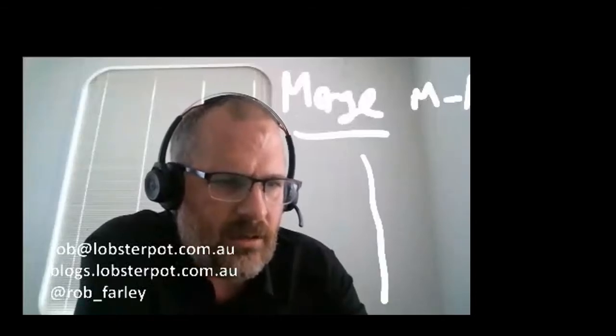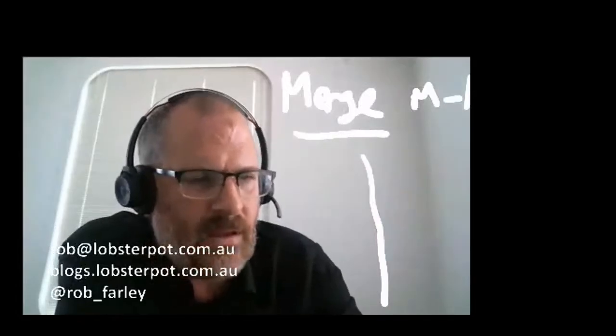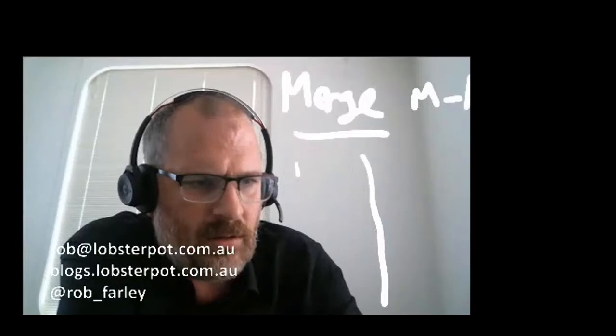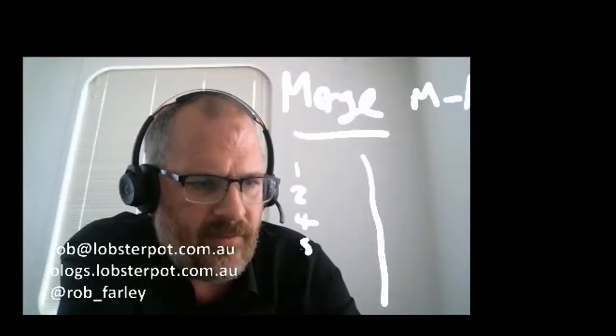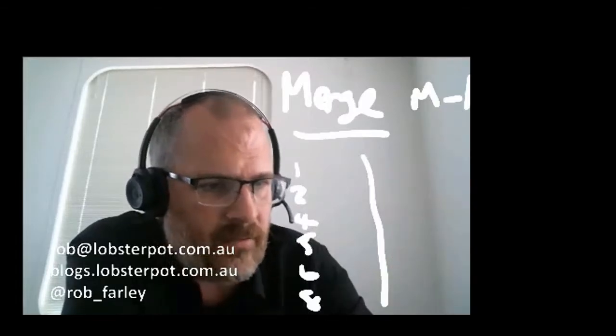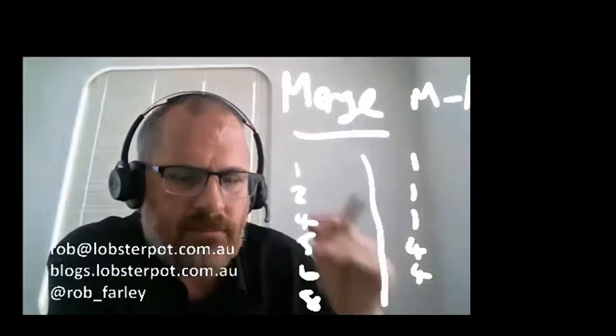We've got two sets of data, right? I'm going to draw a line. Got a set of data over here, set of data over here. If we've got data on this side, which is 1, 2, 4, 5, 6, 8, for example, and we've got data over here, which is 1, 1, 1, 4, 4, and so on, right?